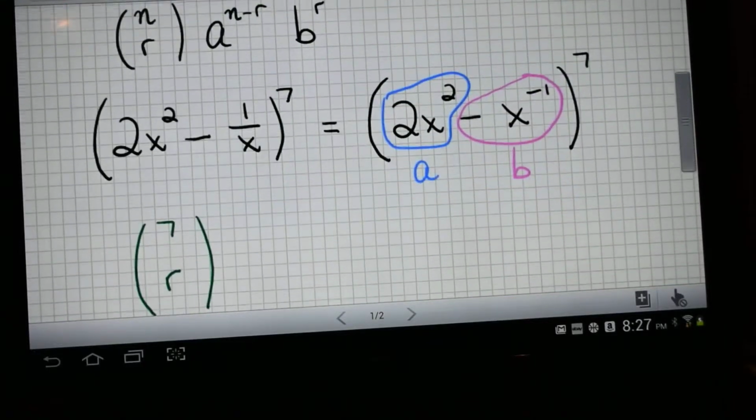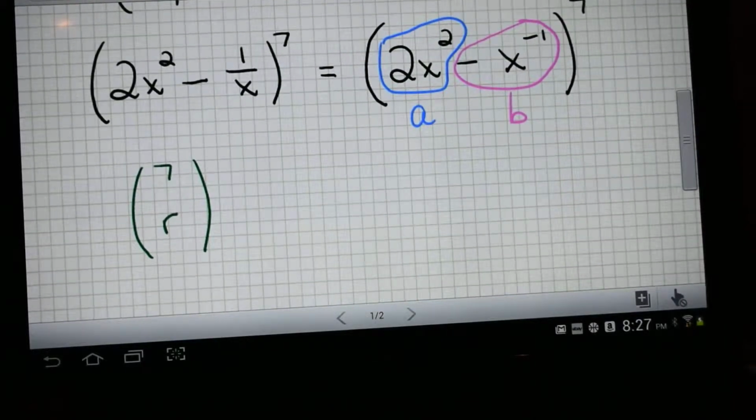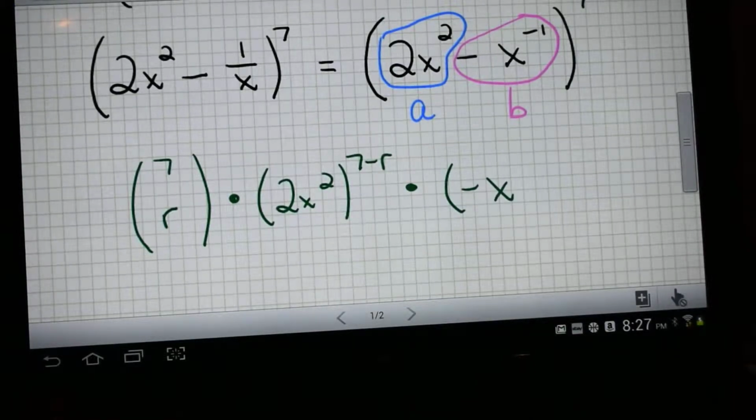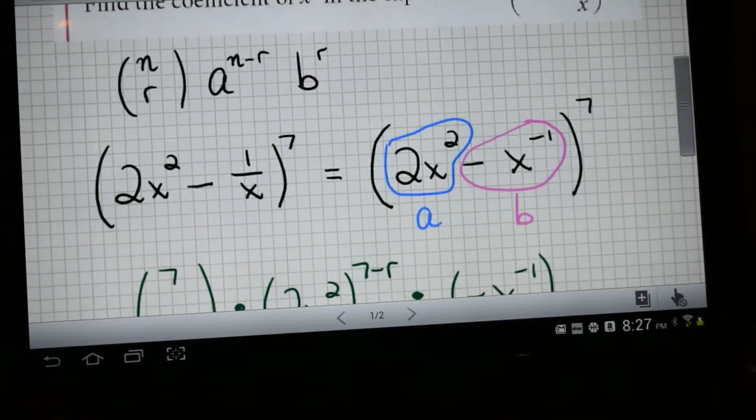But there's a way around that. And it's 2x squared to the 7 minus r power, we don't know what r is quite yet, times your b term, which is negative x to the negative 1 power to the r power.